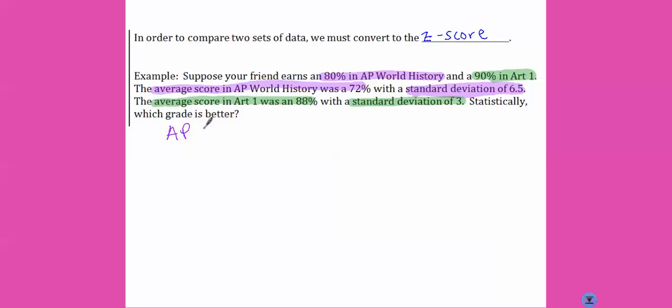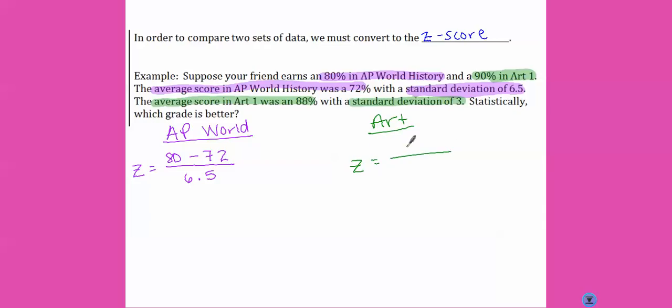So for AP World, I'm going to take my friend's score minus the class average over the standard deviation. And then for art, same idea. My friend's score minus the class average over the standard deviation.